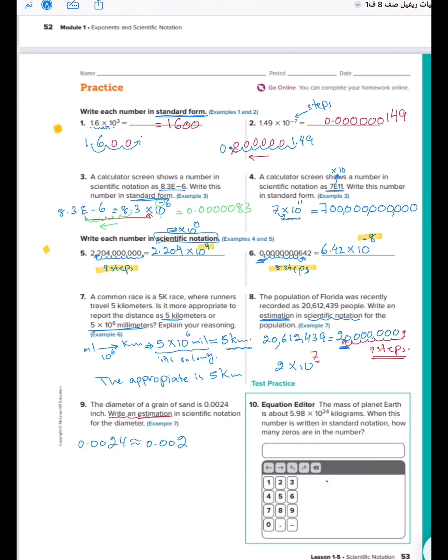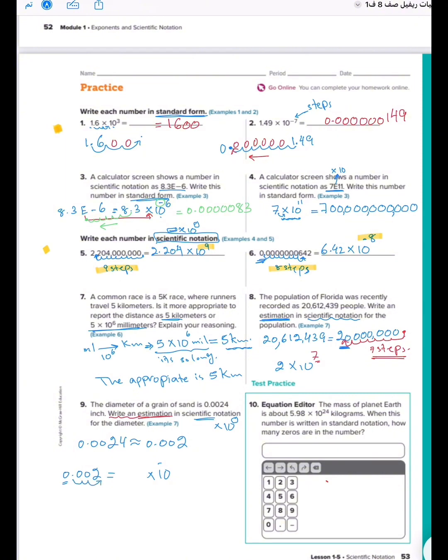Okay, so we want to write in scientific, so it must have times 10 power number. 0.002 starts with 0, so times 10 power negative. We must write one digit before the point, so move it 1, 2 and 3.